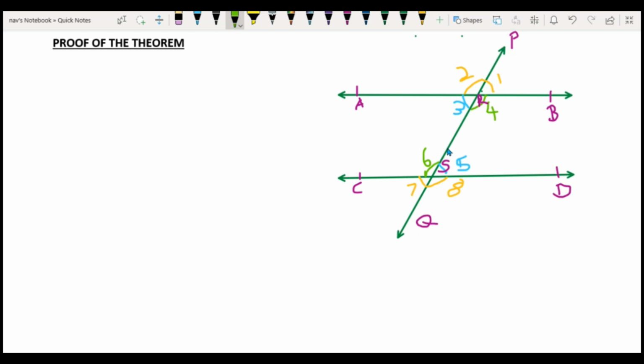The transversal PQ intersects line AB at point R and line CD at point S, such that a pair of alternate interior angles is equal. We want to prove that if the alternate interior angles are equal, then line AB is parallel to CD. Now let us write the given information first.